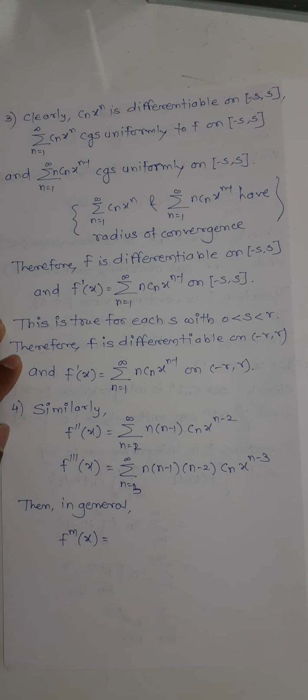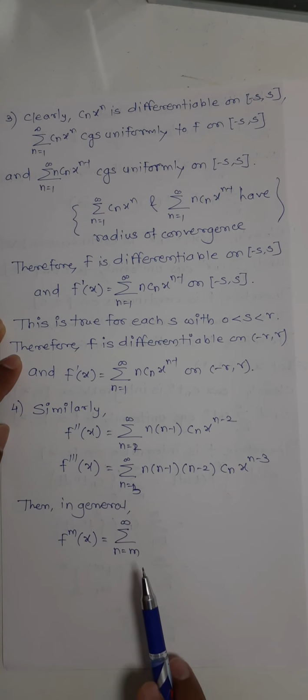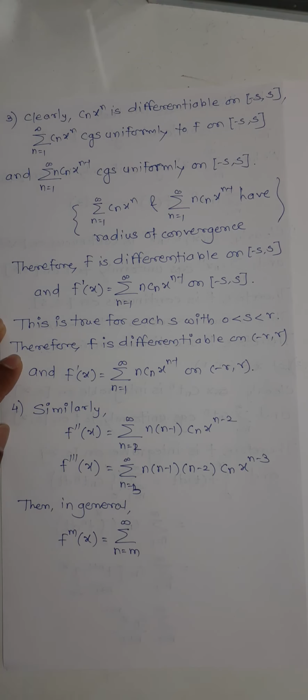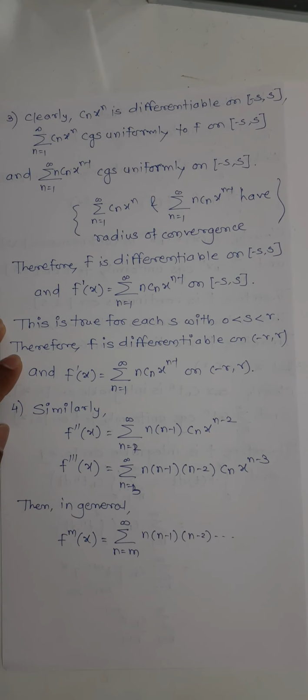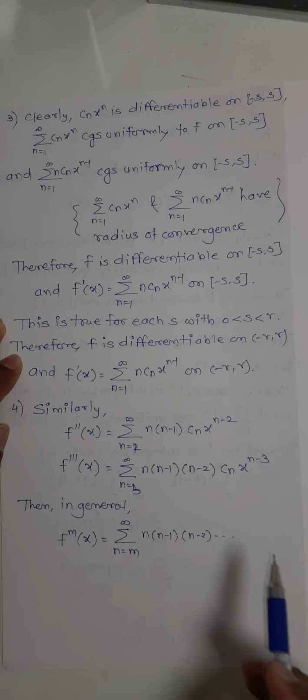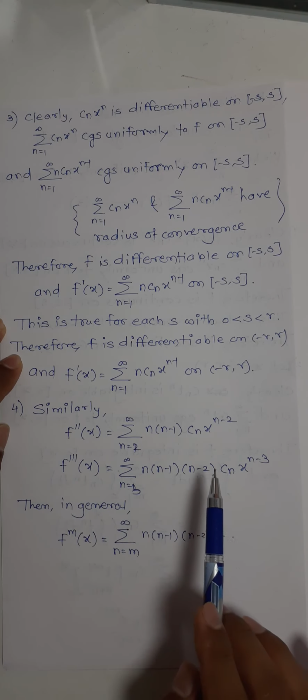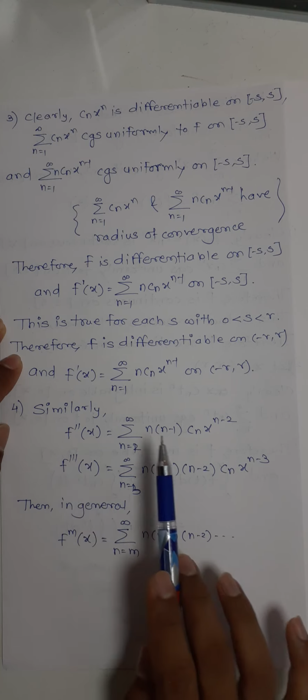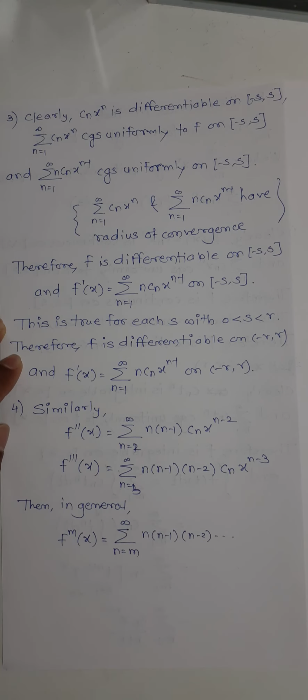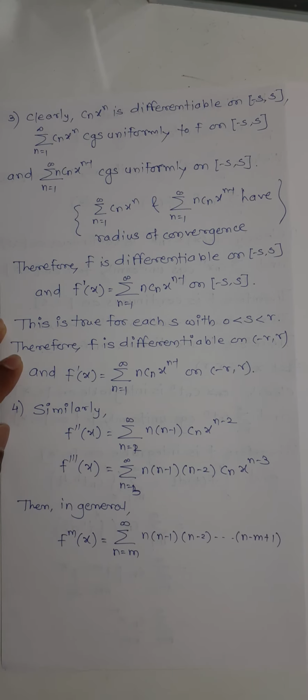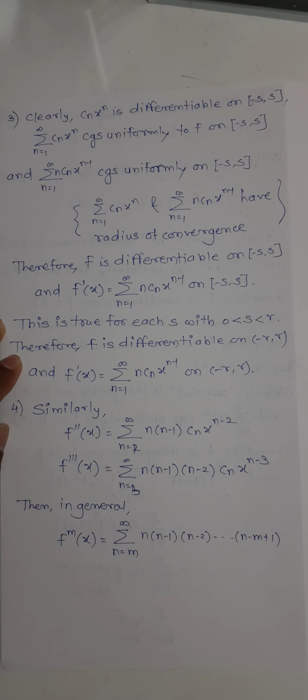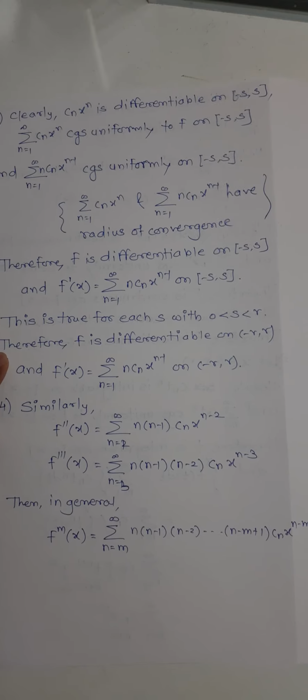So for the mth derivative, obviously n will start from m, since we are calculating the mth derivative. The beginning will be the same, n, n minus 1, n minus 2, and you have to go up to, when you have a third derivative you go up to n minus 2, when you have a second derivative you go up to n minus 1. So for the mth derivative, n minus m plus 1, and Cn x raised to n minus m.